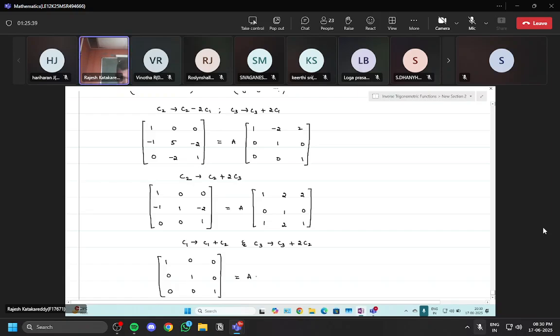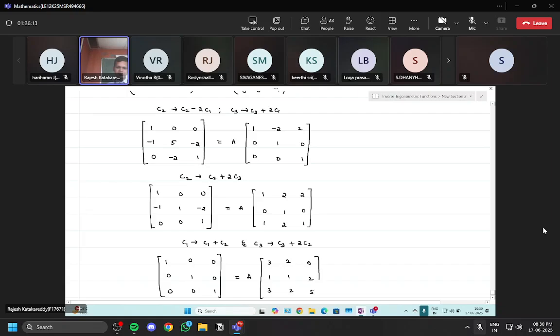Now it is 3, 1, 3 we have. Then what do we have? We have 2, 1, 2, right? So C3 it is 2 plus 4, 6, 2, and then we have C3 5.